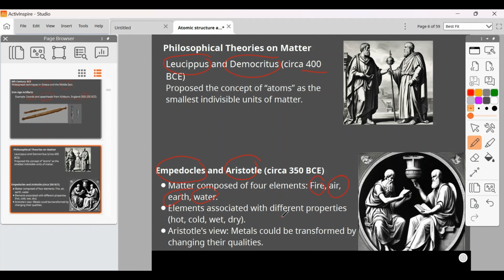The elements were associated with different properties. Aristotle's view was that metals could transform by changes in their qualities.